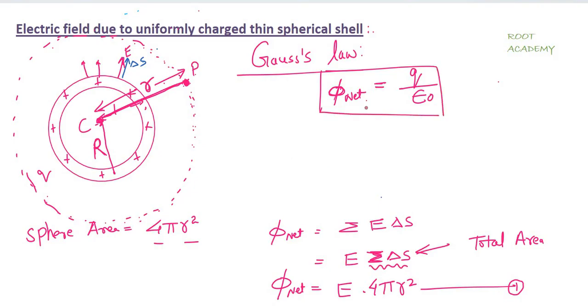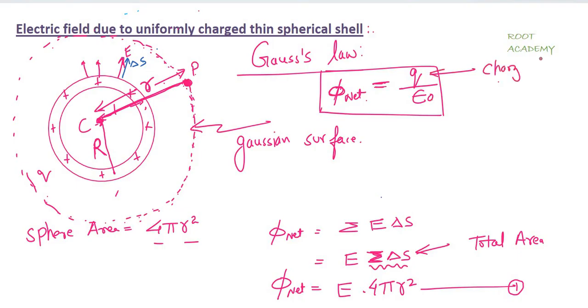To apply Gauss's law at this point, we consider an imaginary sphere, which is called the Gaussian surface, because we apply Gauss's law over this surface. Over this surface, the net flux coming out is the charge enclosed divided by epsilon naught.